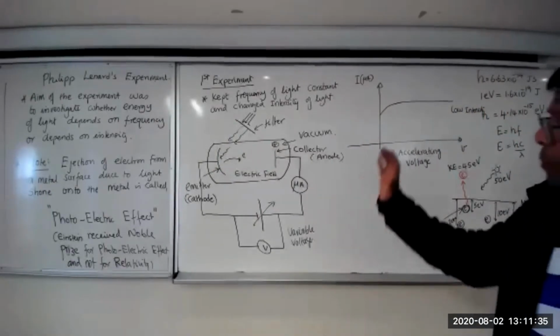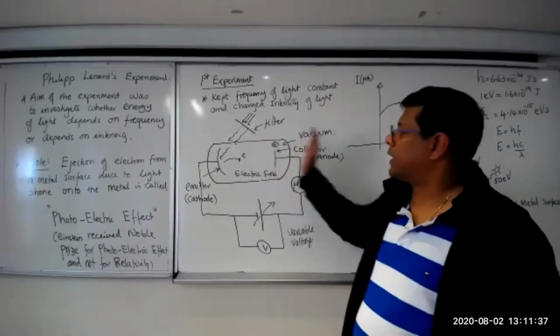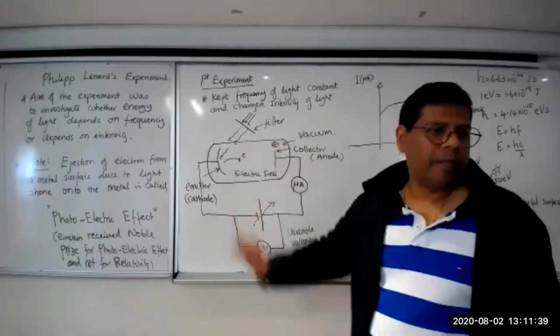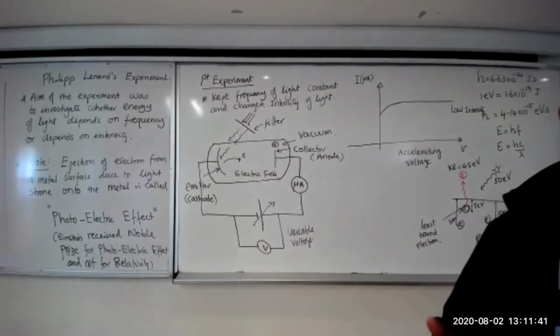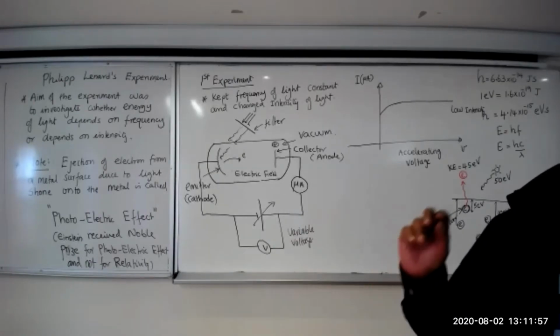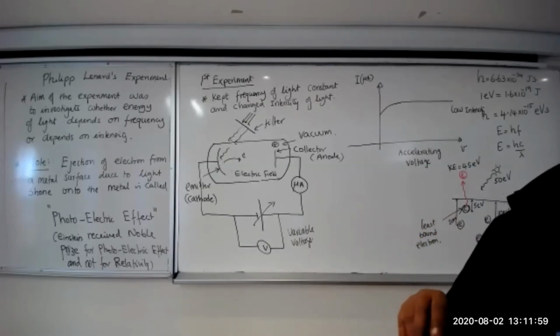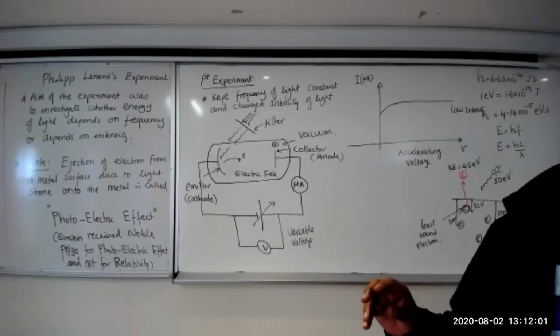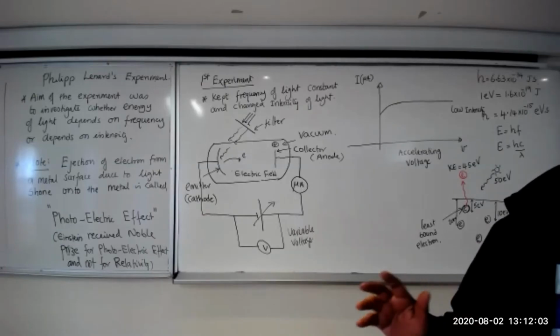If I want to stop them by applying a reverse electric field, but I'm changing that electric field gradually until I stop the most energetic one, which one would I stop at the very end? When I'm shining the light onto the metal, electrons are coming out with a range of energies.